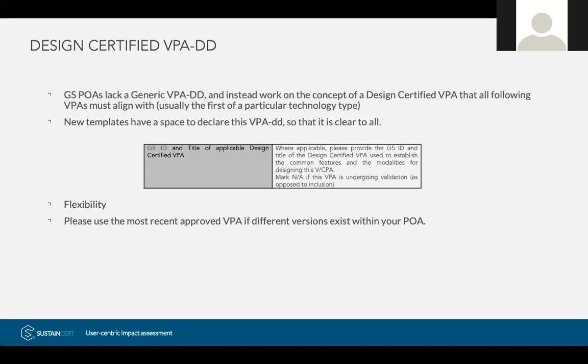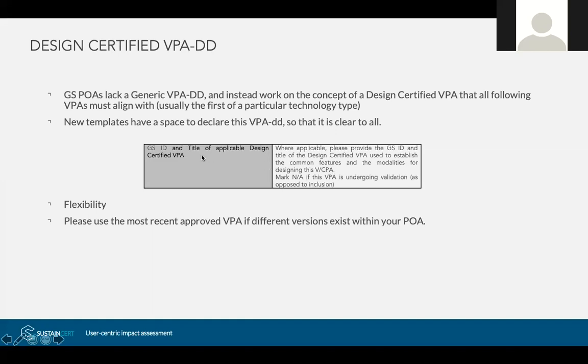So one of the solutions we've come up with to try and guide people on what is expected here is that in the key project information box in the VPA-DD, there is a section that wasn't present previously.